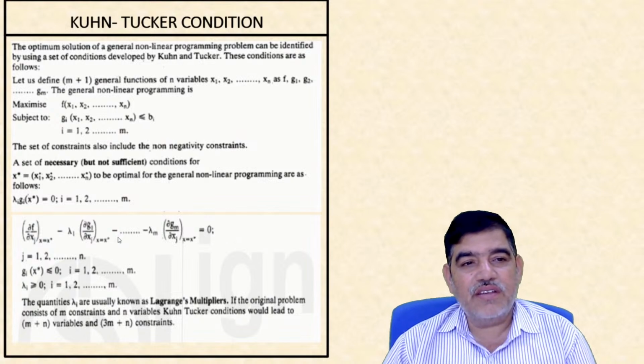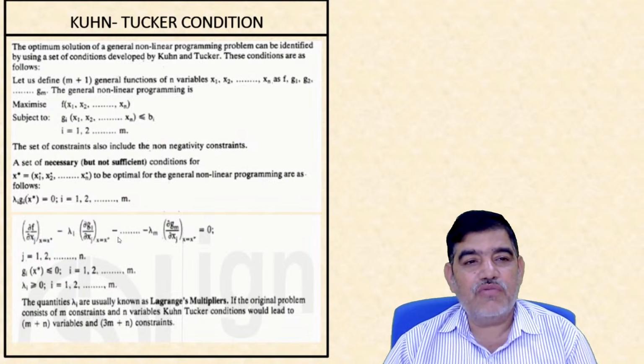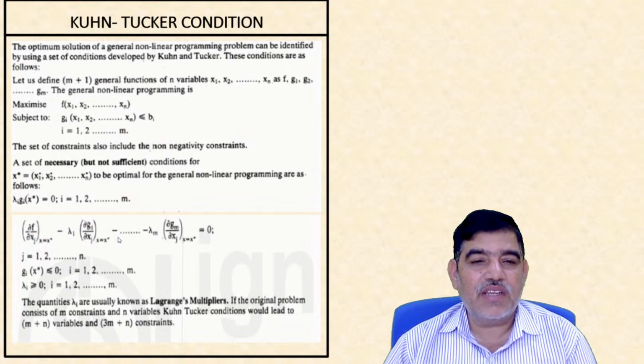Let us define m plus 1 general functions of n variables, that is x1, x2 up to xn, as f and g1, g2 up to gm.